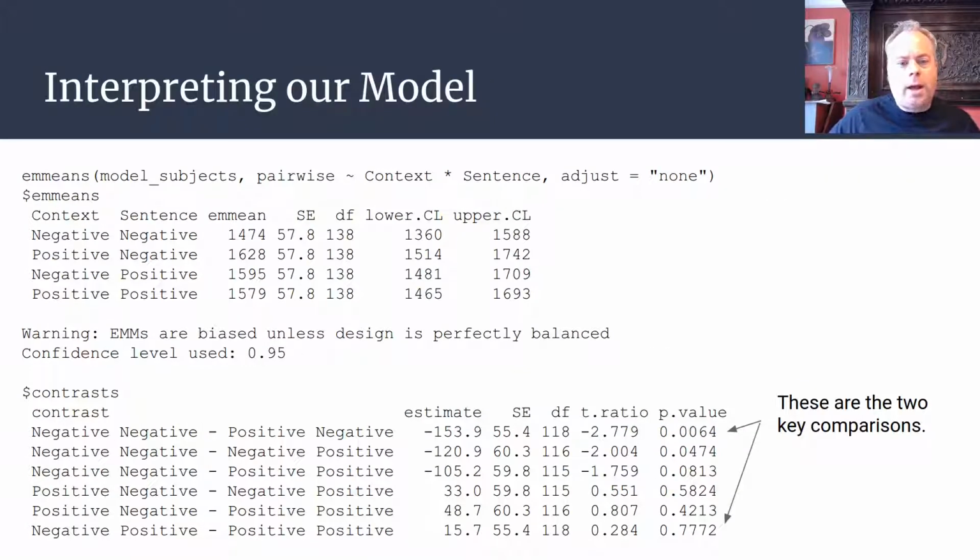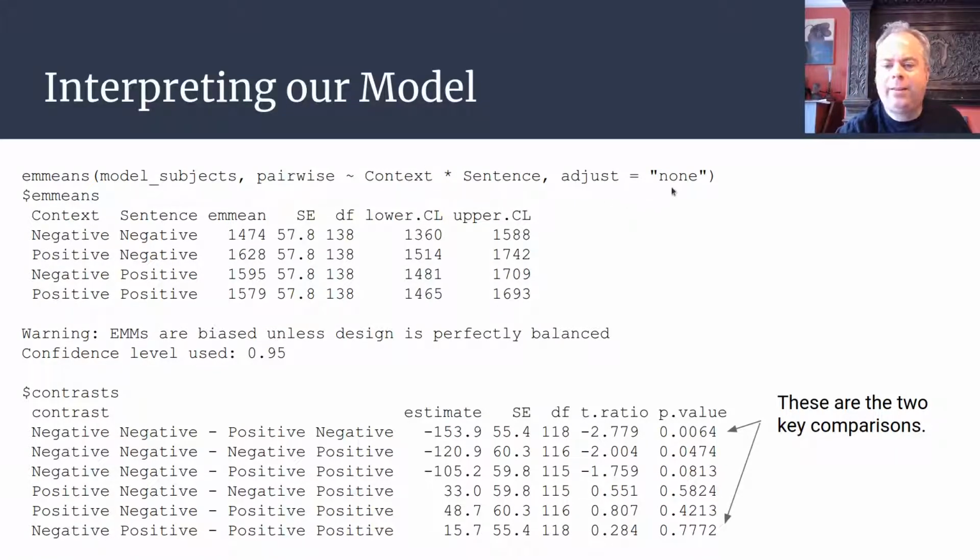So we can go back to our by subjects analysis of variance model to interpret the interaction effect, and we're going to do that in the same way that we've done it previously, using the emmeans function in the emmeans package. So we're going to take our subjects random effect analysis of variance, and we're going to conduct pairwise comparisons by all combinations of our two experimental factors.